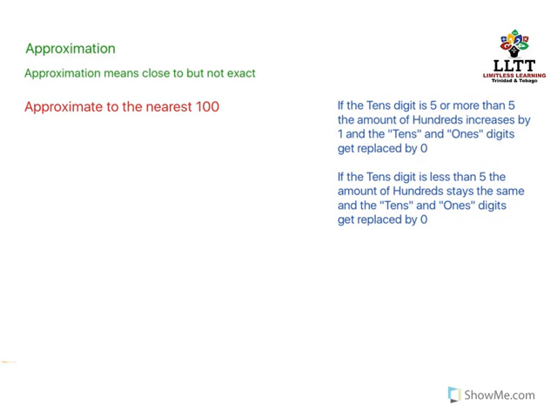So the best way to understand this is by looking at an example. Let's say we had 315, and we wanted to approximate this to the nearest 100. Now the first thing that we want to write out is these are ones, tens, and hundreds.